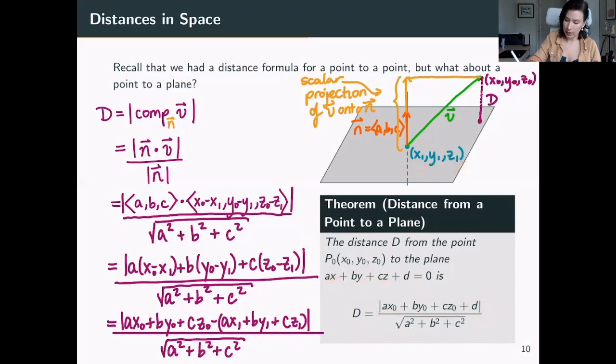Then a x1 plus b y1 plus c z1 is equal to a negative d if I move this over to the other side. So all of this becomes equal to a negative d, and so we end up with the expression of the distance as this.